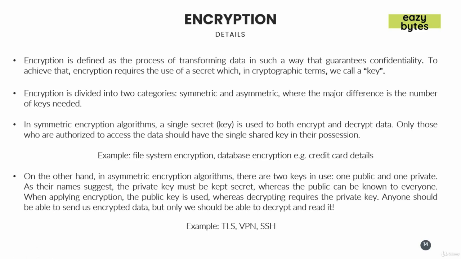The person or the system which has the public key is responsible to use that and encrypt the data. And the public key is accessible to anyone. Like whenever I access any web application or website, you might be seeing HTTPS, which is SSL or TLS certificates.